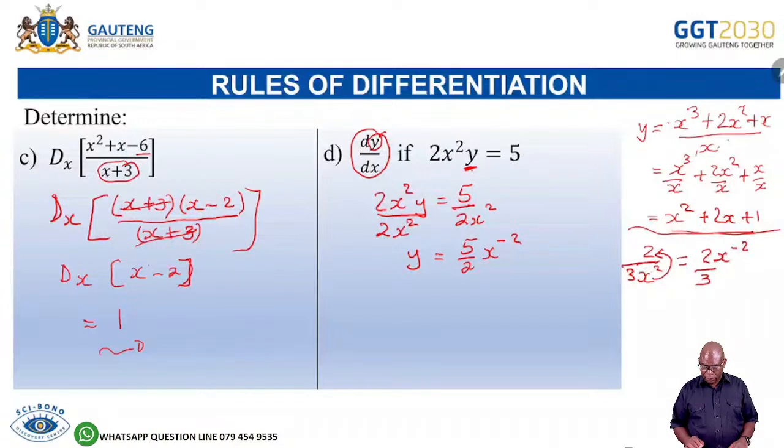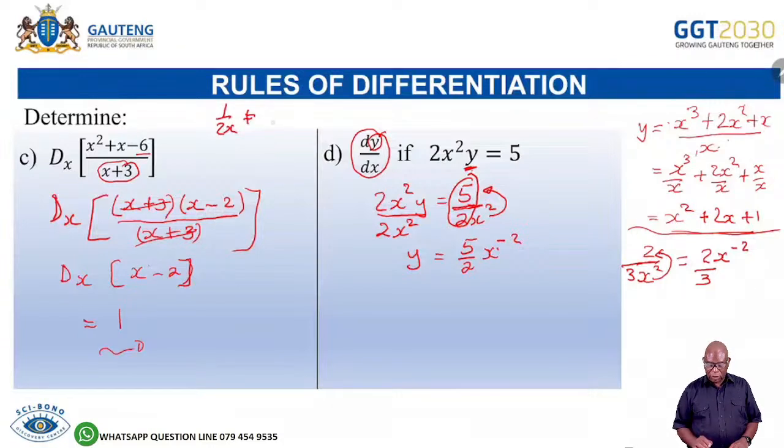We have 5 over 2x squared. Now I've left out the 2 at the bottom, but the x squared gone up there to make it x to the power minus 2. Remember, if I've got 1 over 2x, this is not the same as 1 over 2x, right?